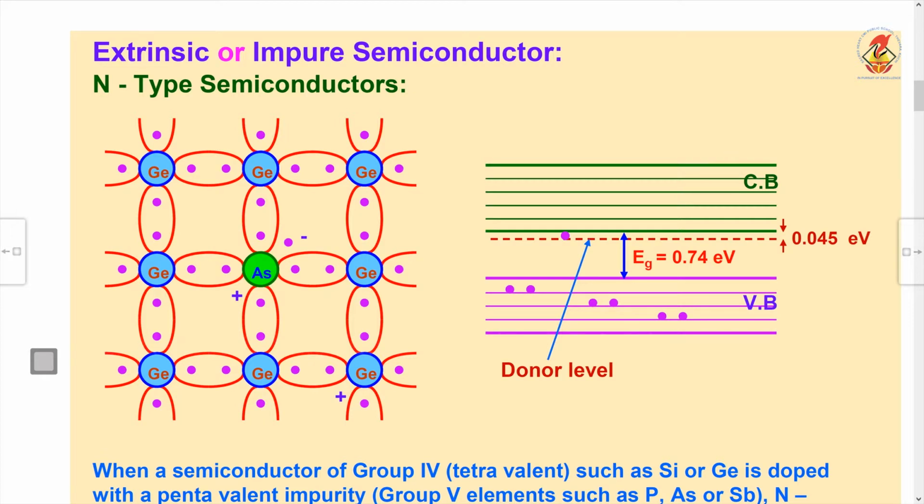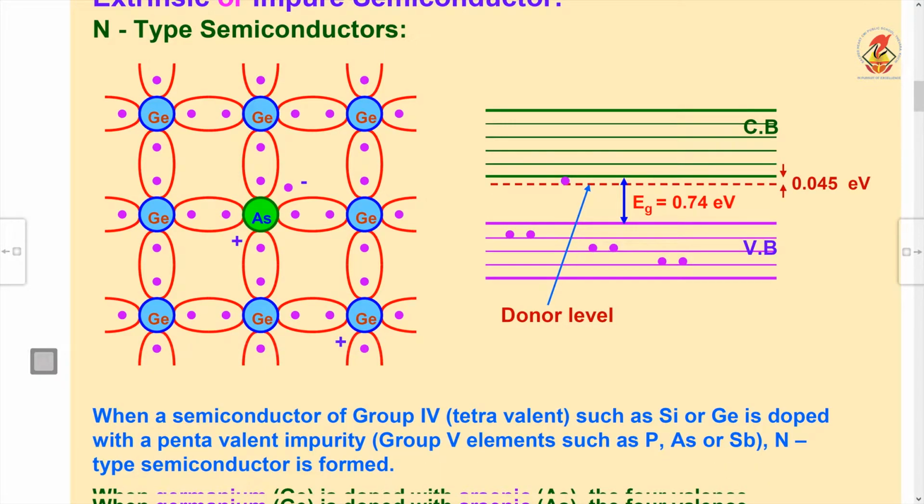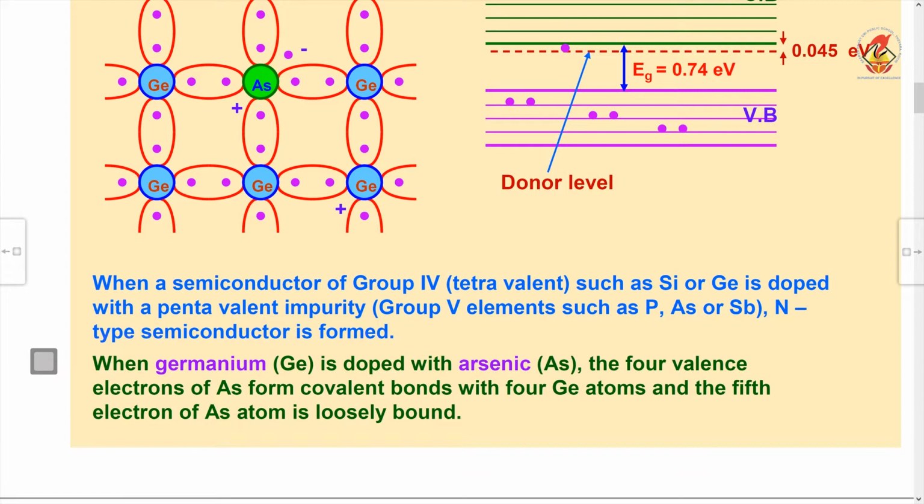N-type semiconductors are the semiconductors which are doped with a pentavalent impurity. That means the semiconductors are actually tetravalent atoms, that means silicon or germanium.